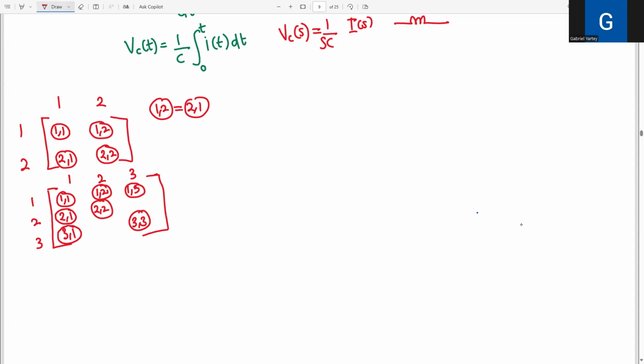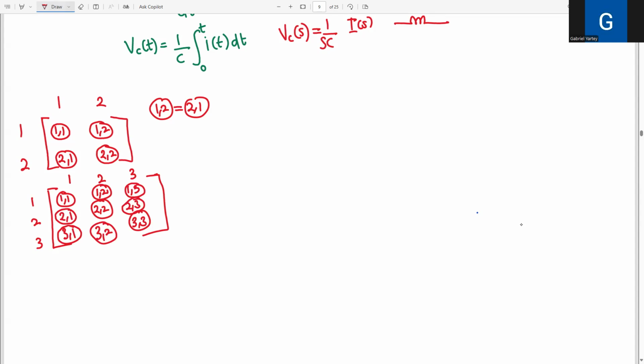Now to find position 2,3, it's going to be the impedances present in both mesh 2 and mesh 3. And then position index 3,2 is going to be the same as position index 2,3.